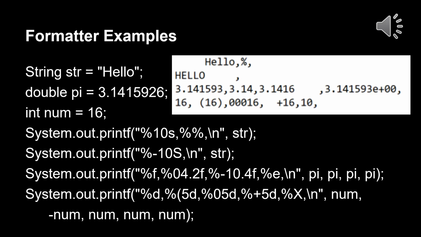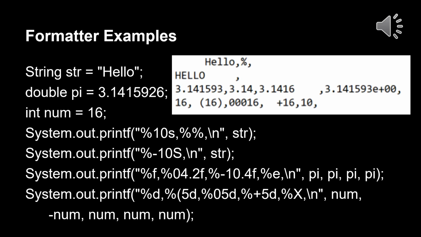The fourth printf. d is for decimal, so typically how we do integers, and we see %d to print out the value 16. The %(5d means put parentheses around it if it's negative. And we see the second num is negative for our purposes there.